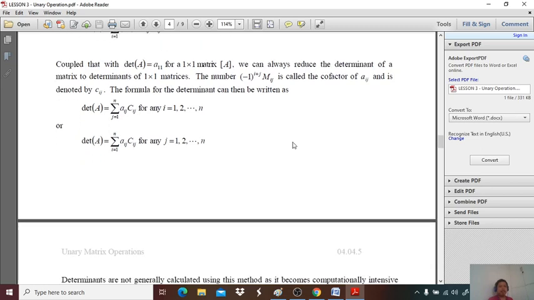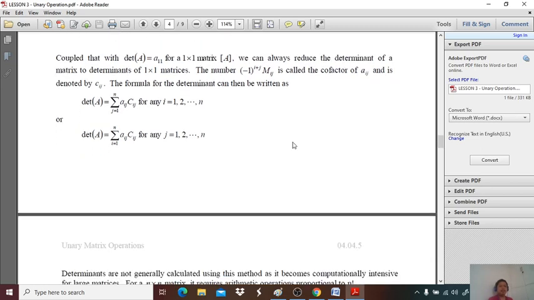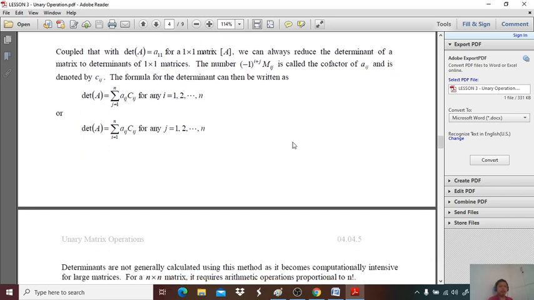So the formula using the cofactor is the summation of Aij times Cij for any i equals 1, 2, 3, 4, and so on up to n. Then this is for the row. Then for the determinant of the summation of Aij times Cij for any j equals 1, 2, 3, and so on, that is for the column.